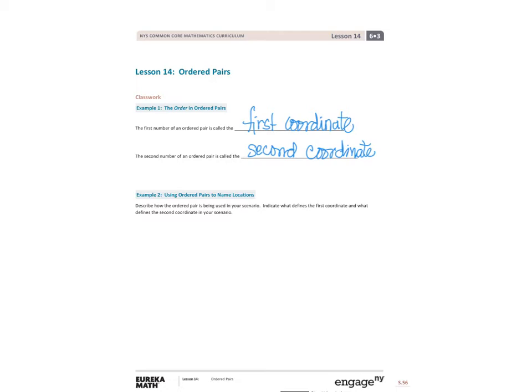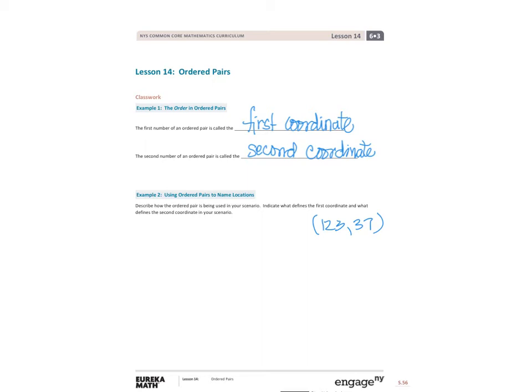So there are some scenarios. For example, the seats in this college football stadium are arranged in 210 sections with 144 seats in each section. Your ticket to the game indicates the location of your seat using the ordered pair of numbers. And I'm just going to do the example. This is saying 123, and then the comma separates those two numbers, right?